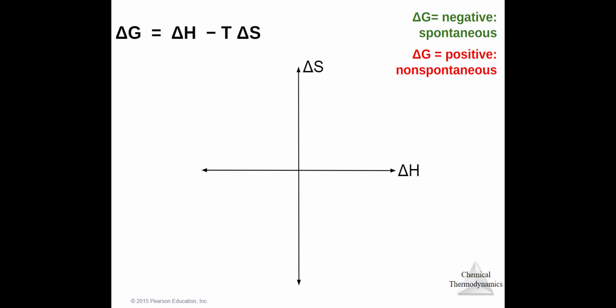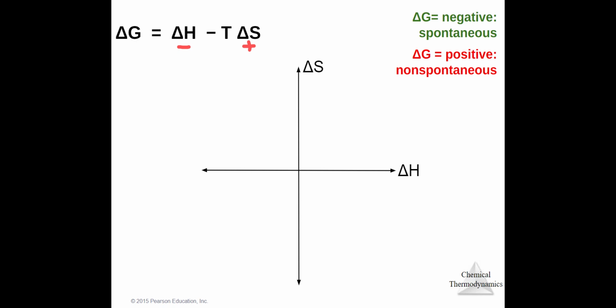Now let's look at this in terms of signs of delta H and delta S. We know delta H and delta S can both be positive and negative. So how can we figure out what is happening just by looking at the sign? Let's take a look at an exothermic reaction, where our delta H is going to be negative, and let's look at something where we are increasing the entropy of the system. It is getting more random, so our delta S is positive.